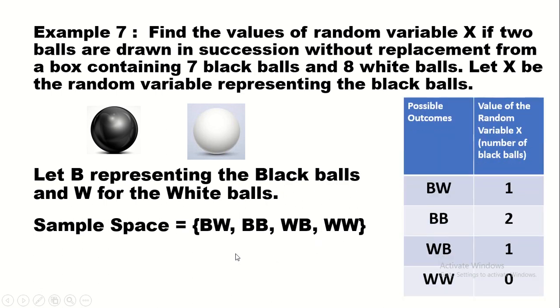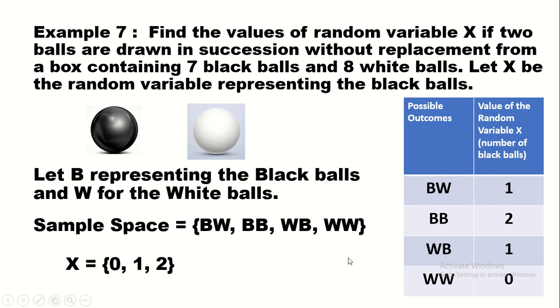So, isulat natin siya sa table. Possible outcomes, value of the random variable x, which is the number of black balls. Doon tayo nakafocus. So, ito yung ating sample space. Sa unang grupo, meron tayong black, white. So, ang ating black ball dyan ay isa lang. Black, black, meron tayong 2. White, black, meron tayong isa. At white, white, wala tayong black ball. So, 0 ka.